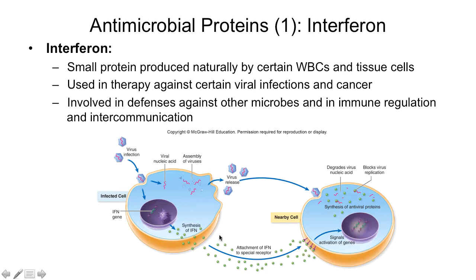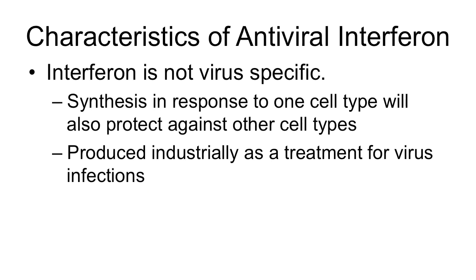The cell already infected by the virus is basically long gone, but the neighbor cells benefit because the interferons bind to the receptors, which give signals to the neighbor cell to synthesize antiviral proteins, and therefore it can attack the proteins of the virus and block replication of the virus, protecting the cell from the viral infection. So interferons have been shown to be extremely effective against viral infections and cancer.